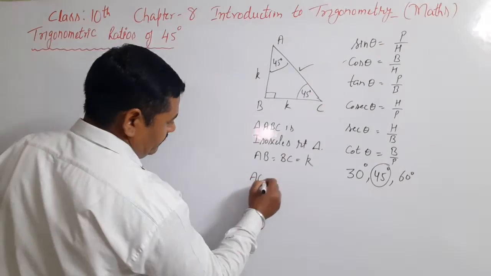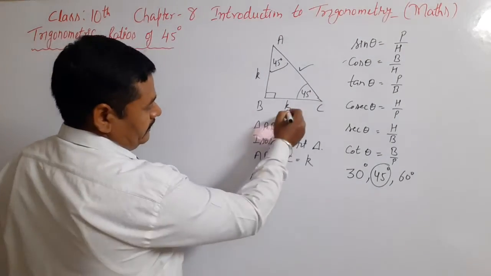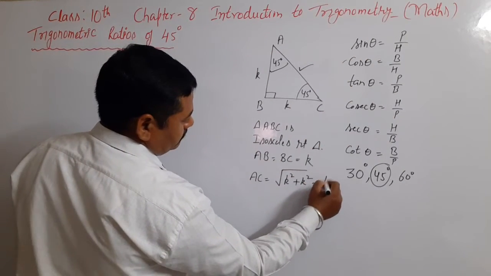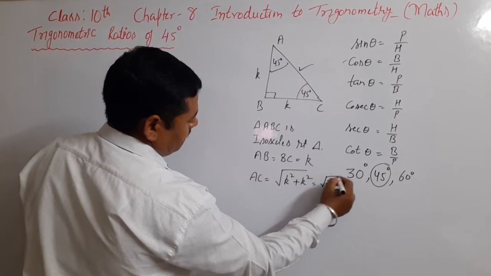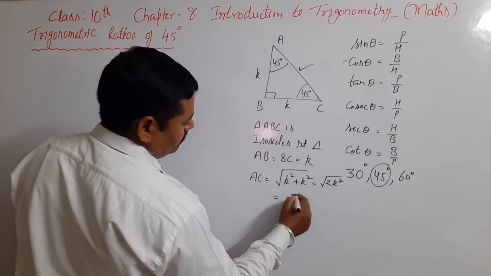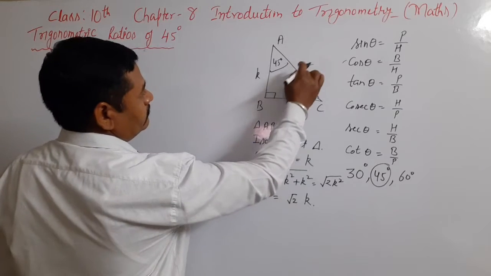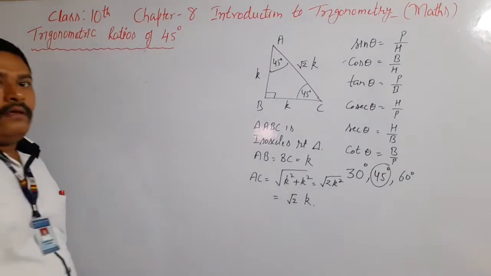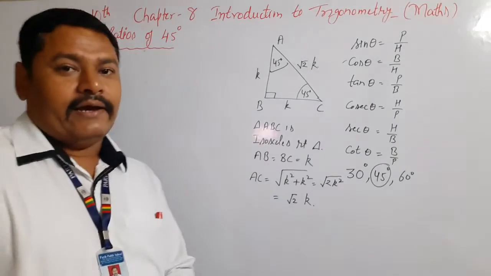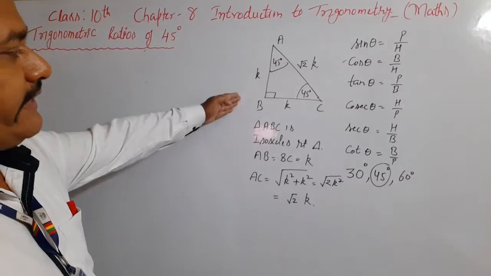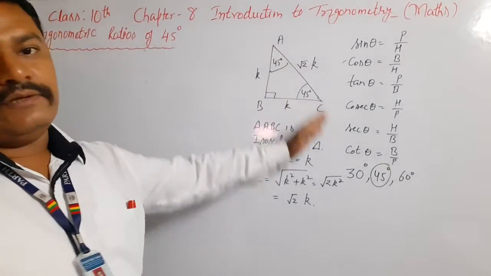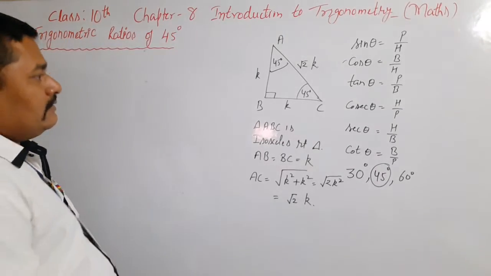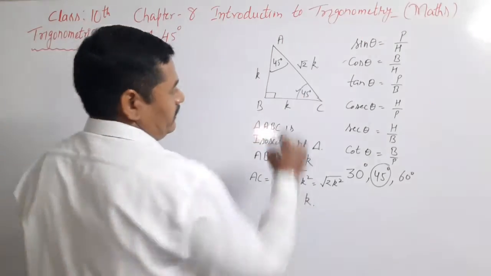So AC is equal to square root of K square plus K square is equal to square root 2K square is equal to square root 2 into K. In this way, in this right triangle, AB is K, BC is equal to K and AC is equal to root 2K.